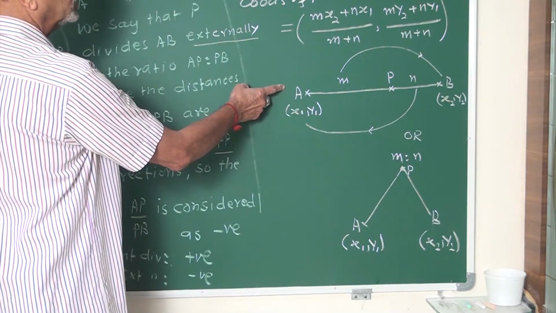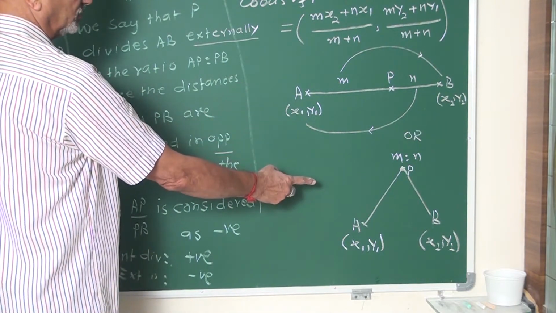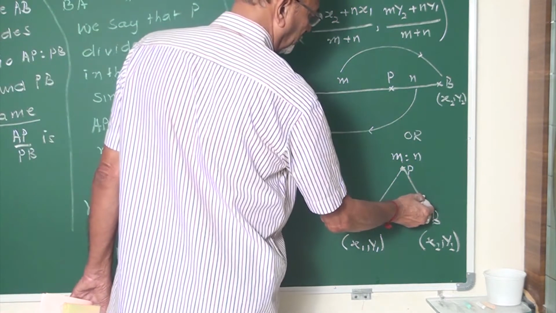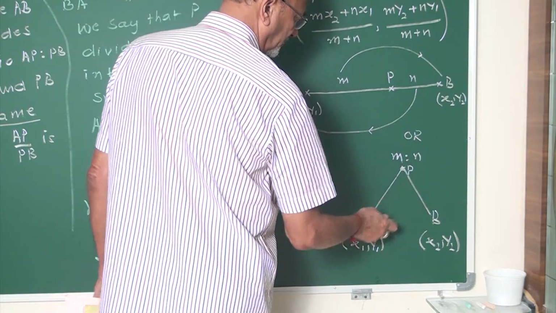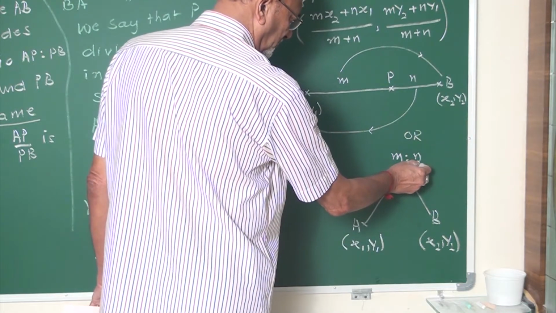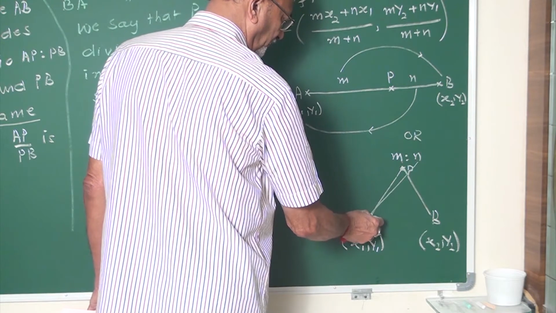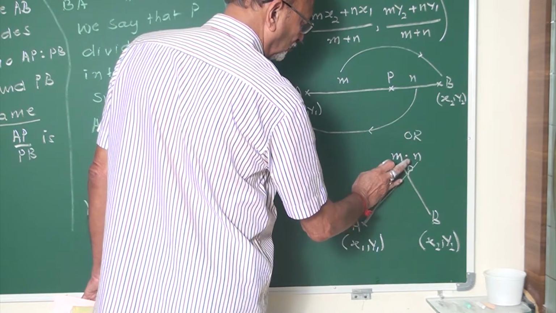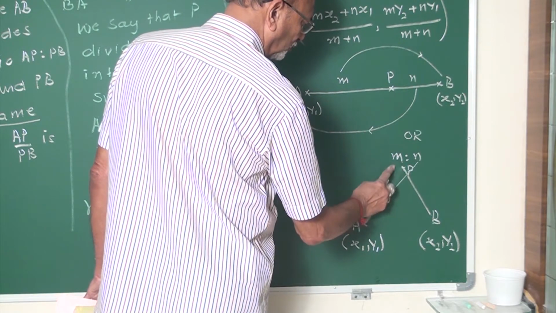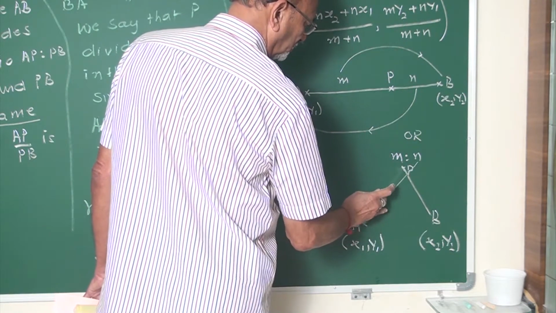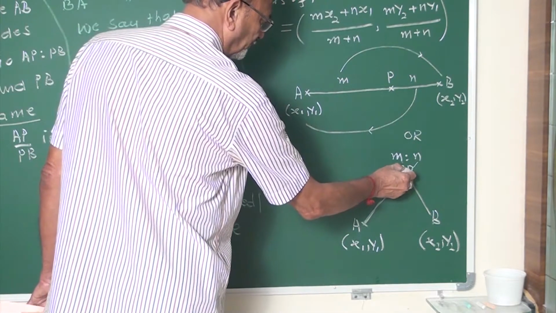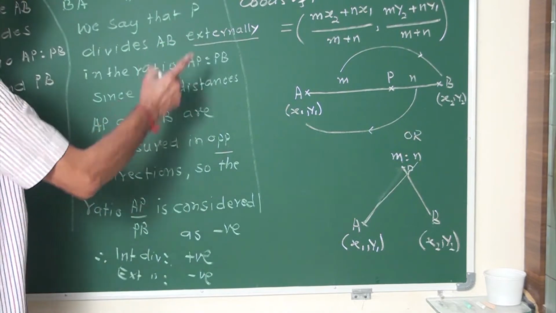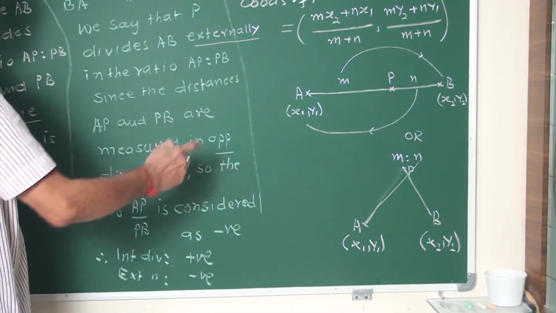Either remember with the help of this figure, or the second way: first mx2, then nx1, mx2 plus nx1, and down is m plus n. We can remember the formula.